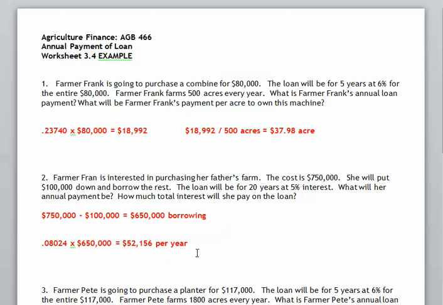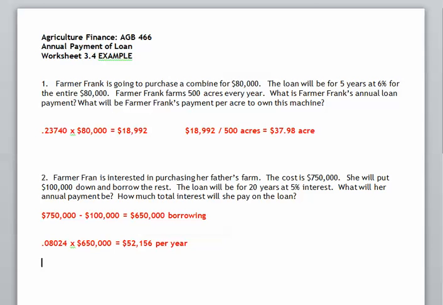What will her annual payment be? That's it right there. How much total interest will she pay on this loan? Well, let's figure out the total repayment. 52,156 times 20 years equals $1,043,120.